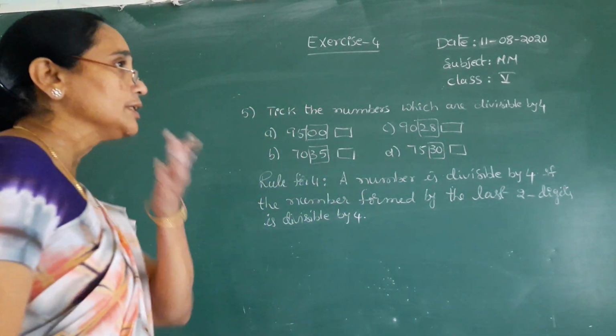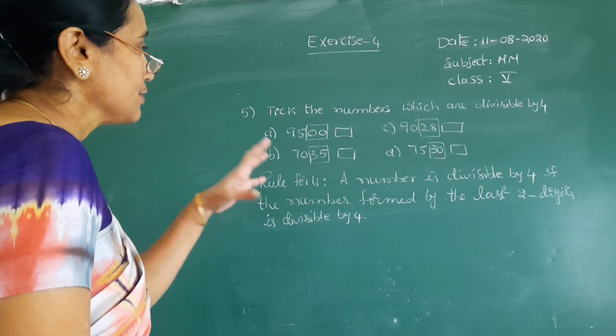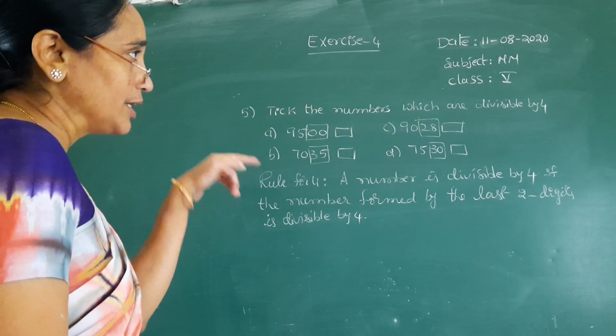If they are in the 4 table, then those 2 digits are divisible by 4, so the number is divisible by 4.